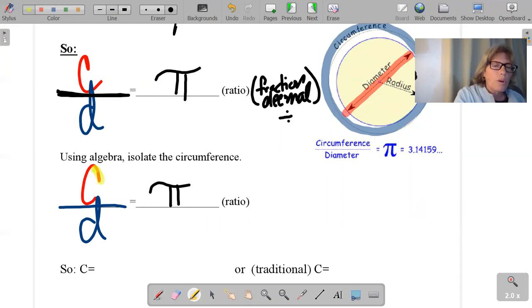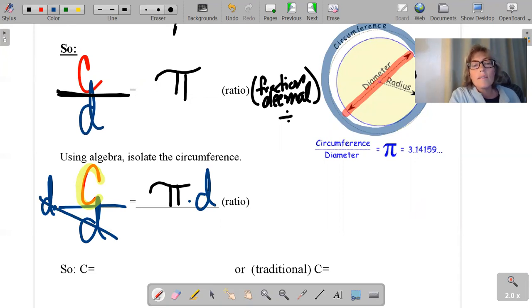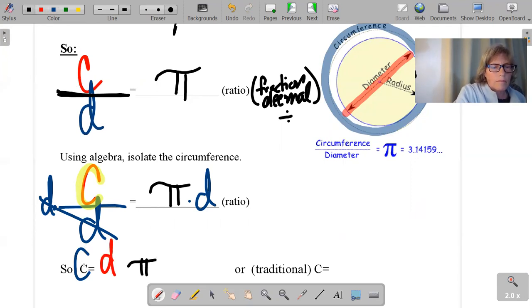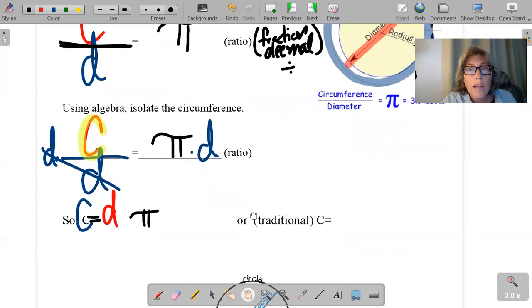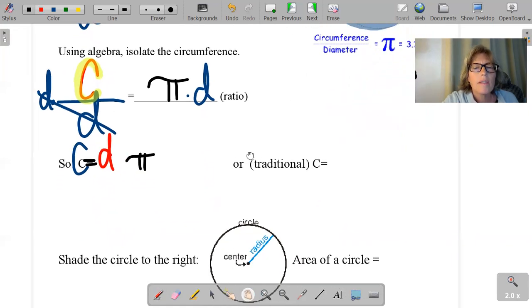We're going to use algebra and isolate the circumference. So I'm going to times both sides by diameter. So circumference equals diameter times pi.